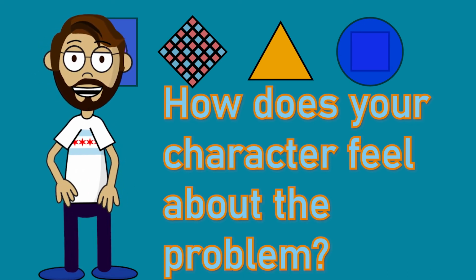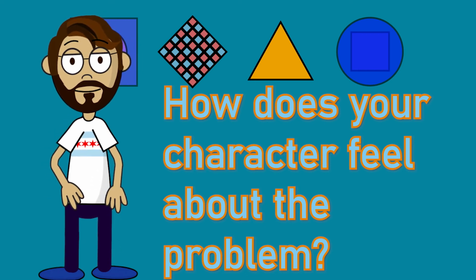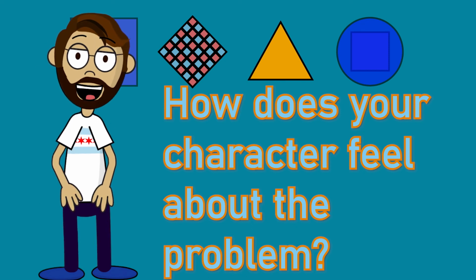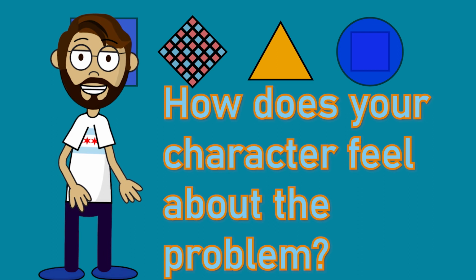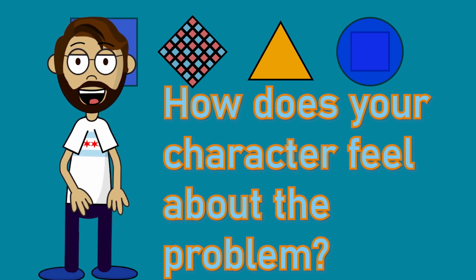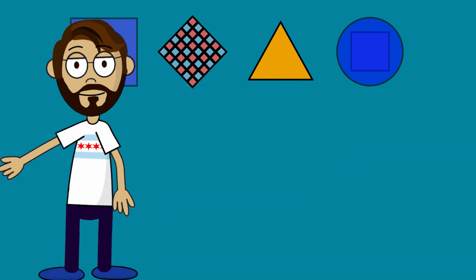If the problem is something that the character is excited about, like figuring out a puzzle or finding a treasure, they will definitely show that by laughing or smiling. But if it's a problem that they're really worried or sad about, maybe they'll cry.